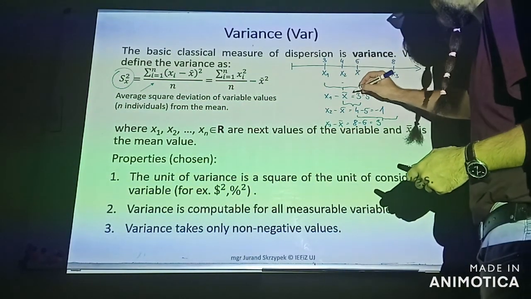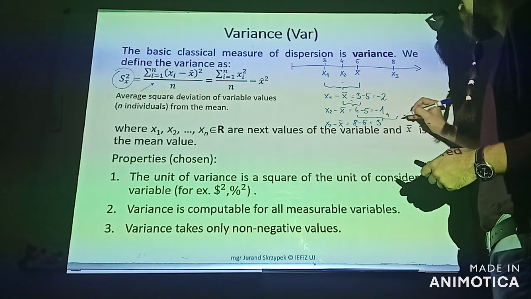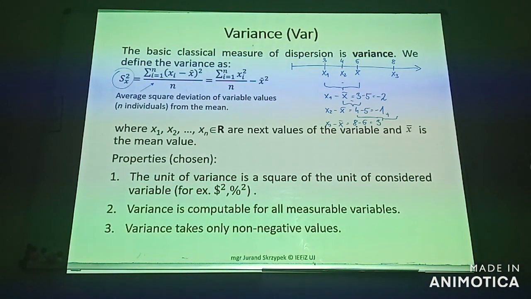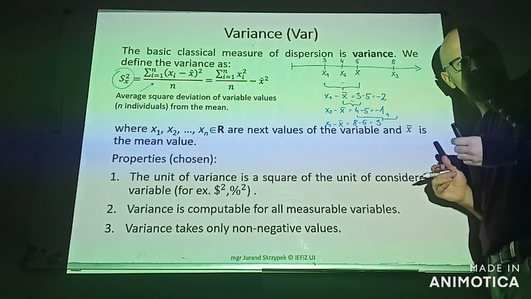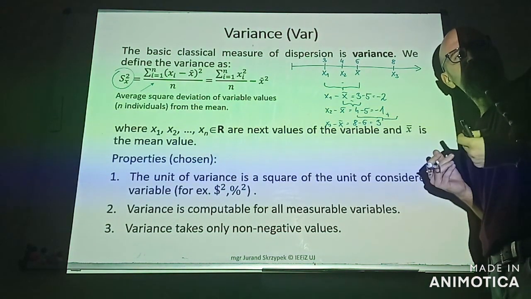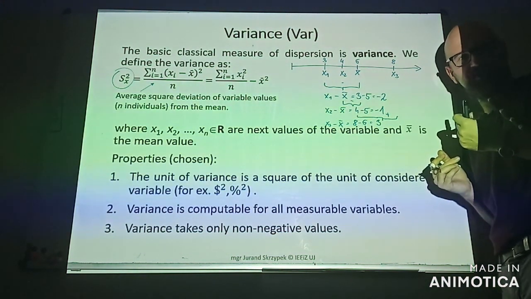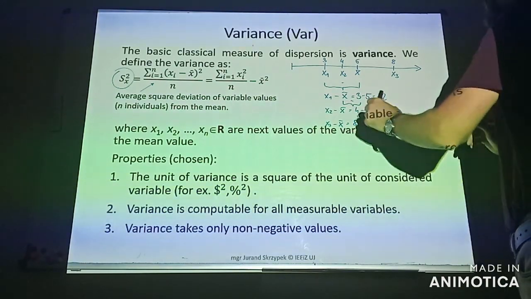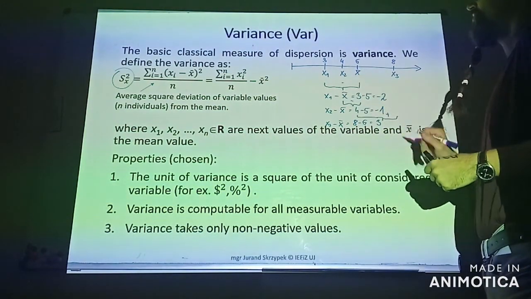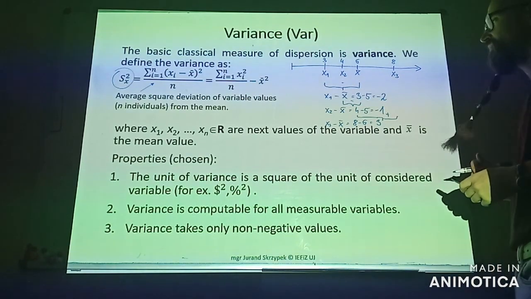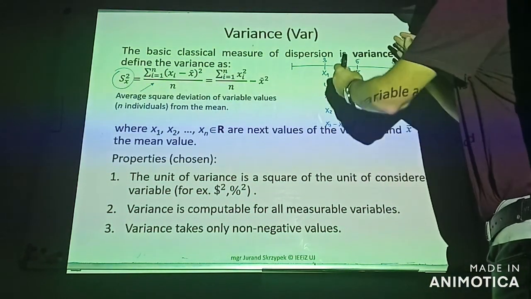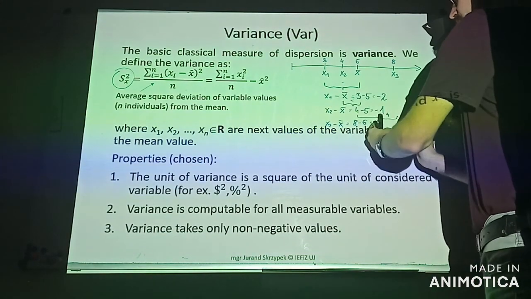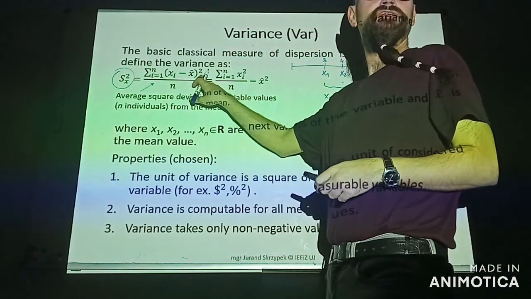Some deviations are negative, one deviation is positive. But we are looking for the average distance between variable values and the mean. So the solution is to raise these deviations to the power of 2.